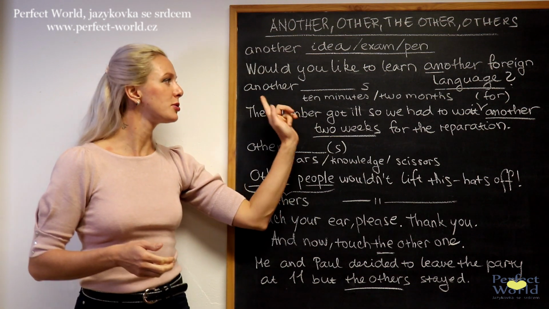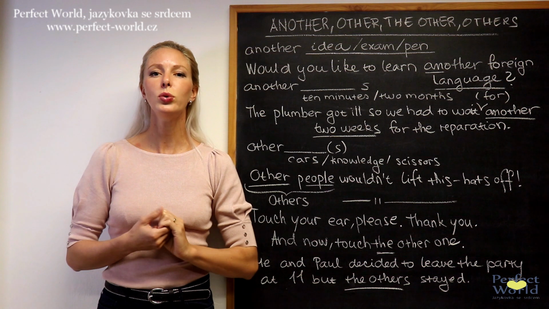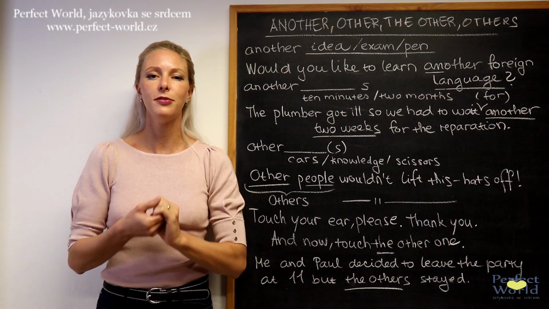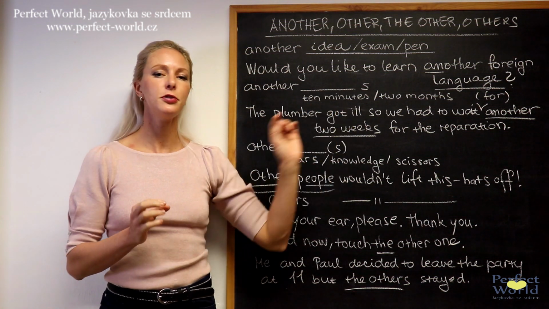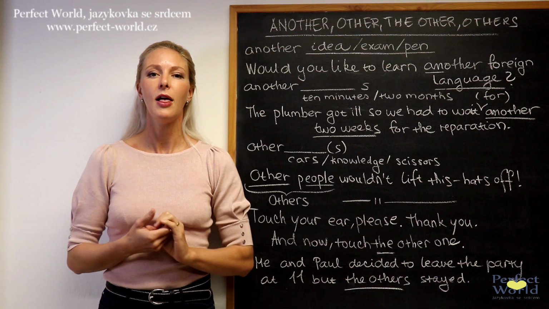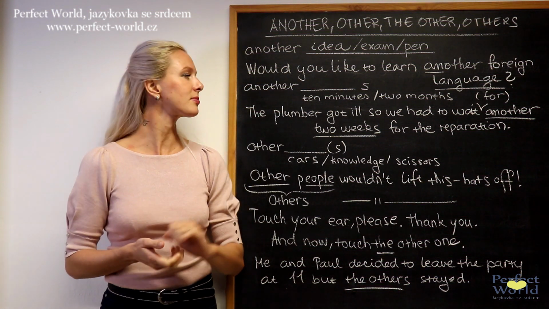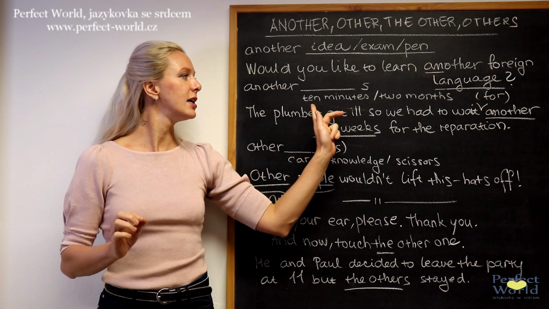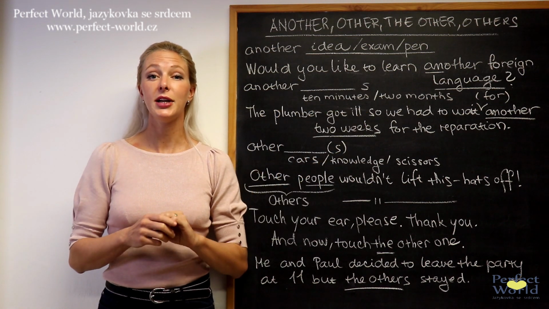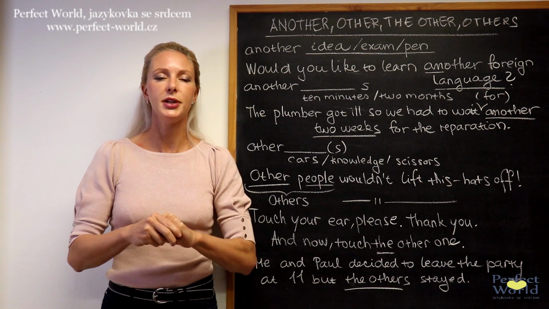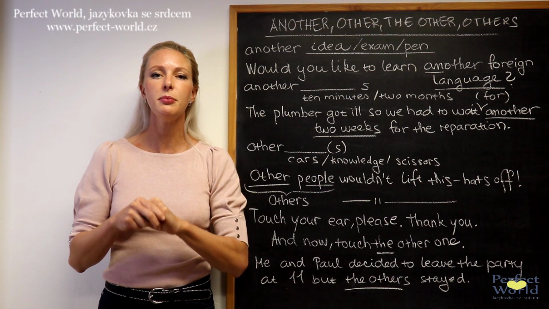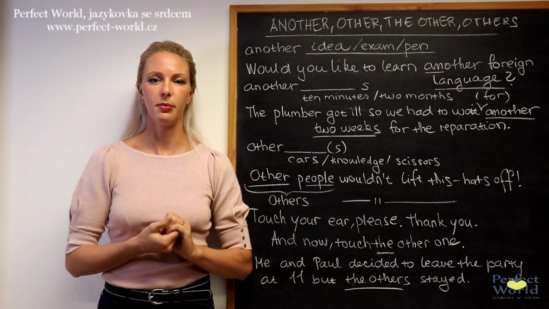Another can as well be used with plural, but only in a certain case, where there is a time expression which is somehow singular. I will show you how I mean it. Another 10 minutes means I had to wait in the waiting room for another 10 minutes because of something, right?